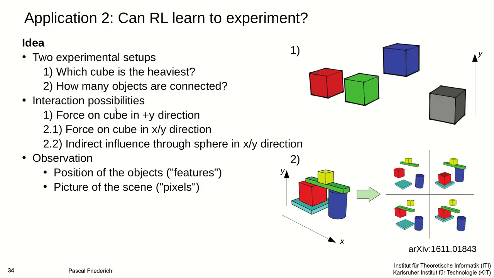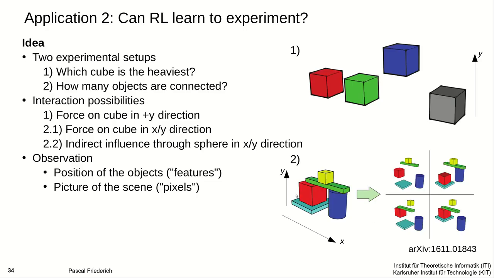And the interactions that are possible by the reinforcement learning algorithm are, in the first case, it can apply a force on a cube in y direction. So in each time step, it can apply a force on this cube, and so on, and it can observe the environment. And in the second scenario here, it can either apply a force on single cubes in x or y direction.